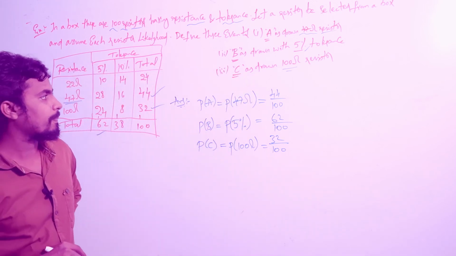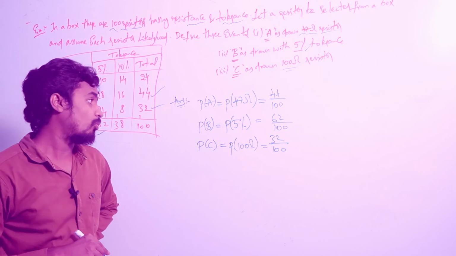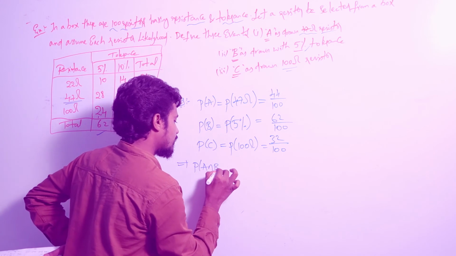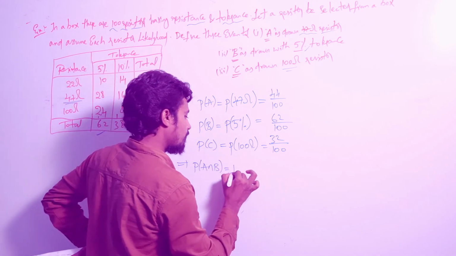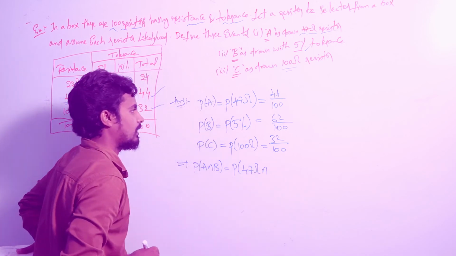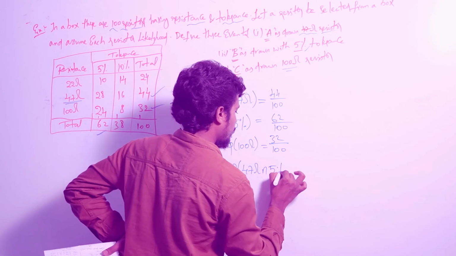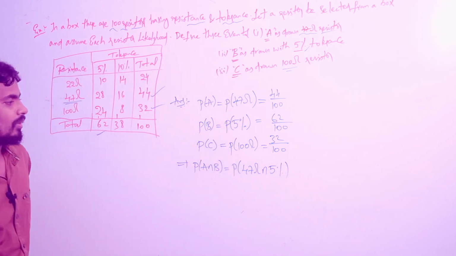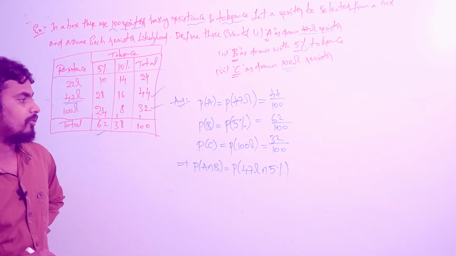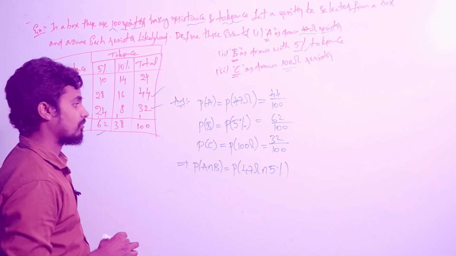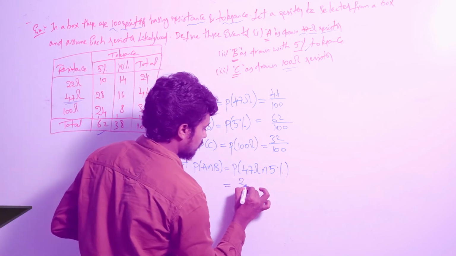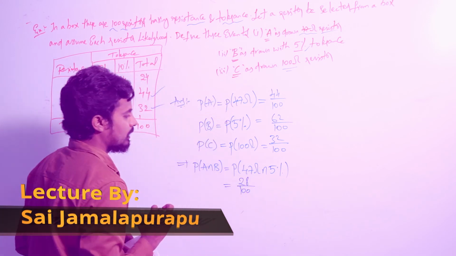If I want to take P of A intersection B, what will happen? P of A intersection B will be equal to P of 47 ohm intersection 5%. You already know the formula for the P of A intersection B. If you want to solve this, you will get 28 divided by 100.